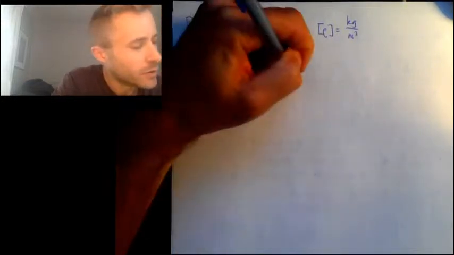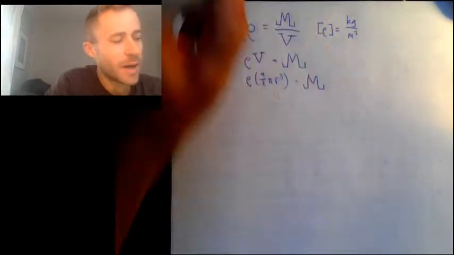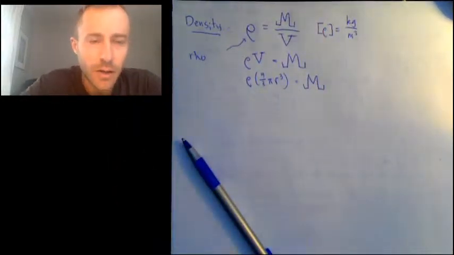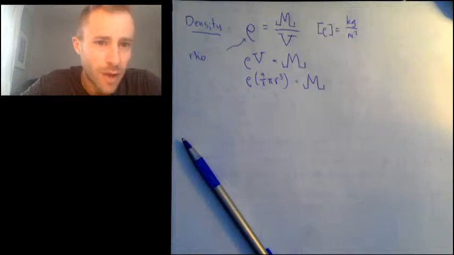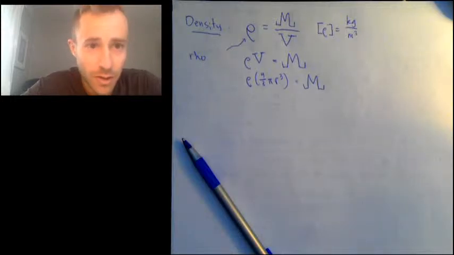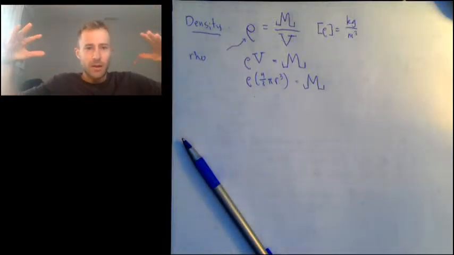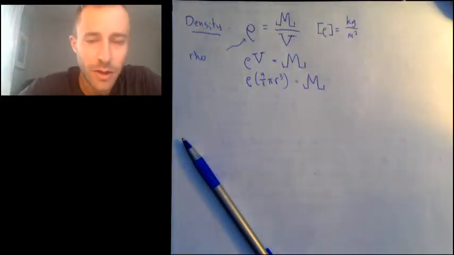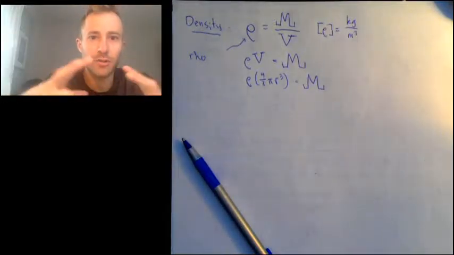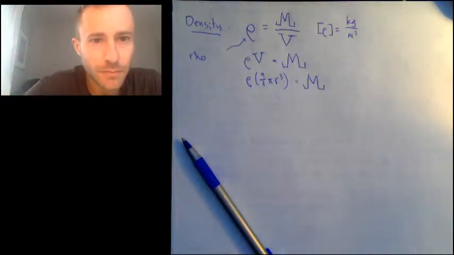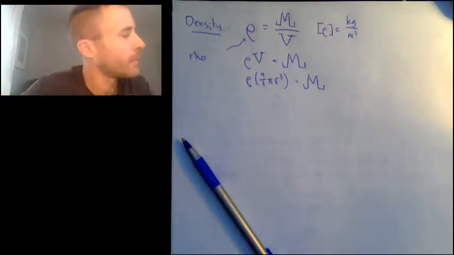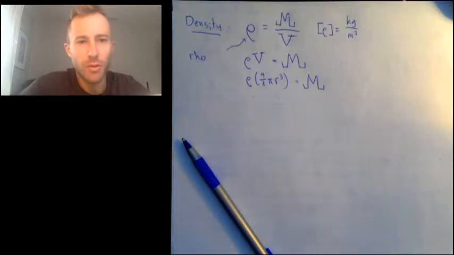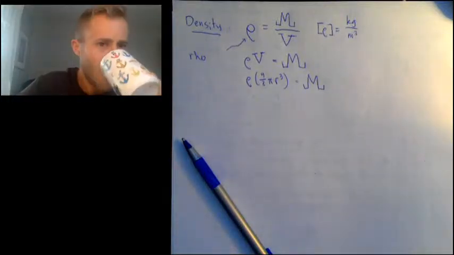Okay. So you can use this equation to get the mass of the planet. There is a slight issue with this equation, which is this equation assumes a constant density, but the Earth does not have a constant density. It's actually, as you go further and further into the interior of the Earth, because of the increasing pressure, the density goes up. But we're not going to worry about that complicated situation.